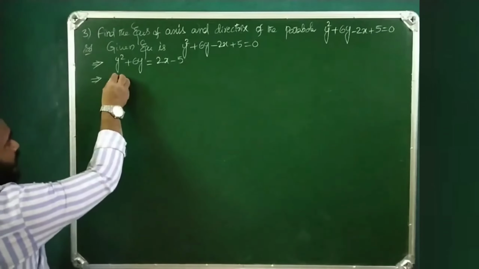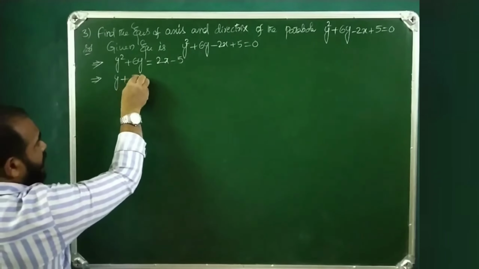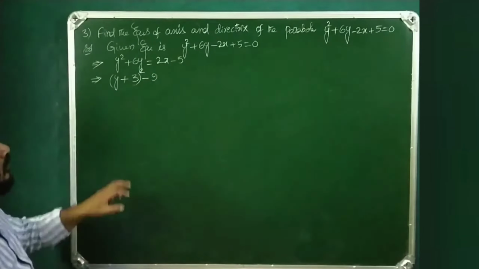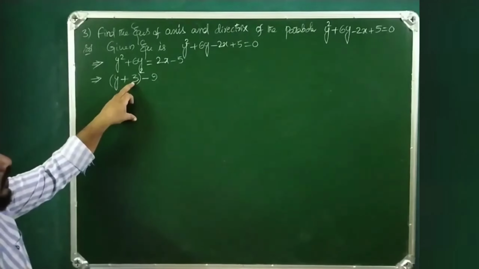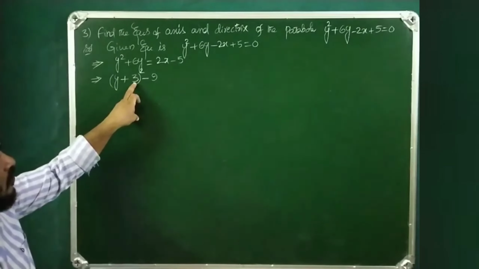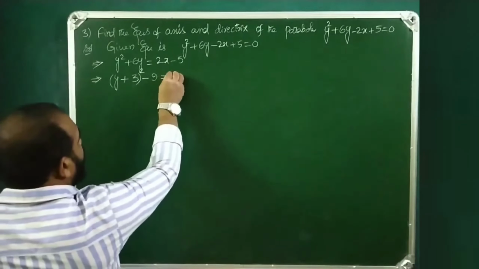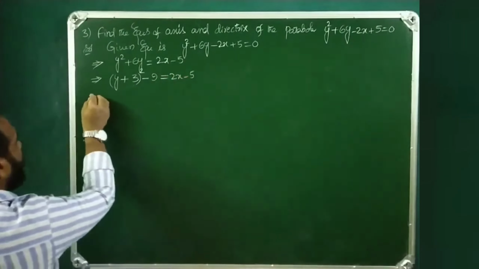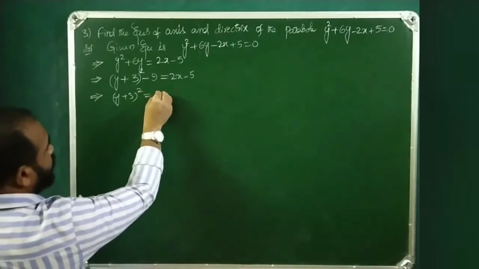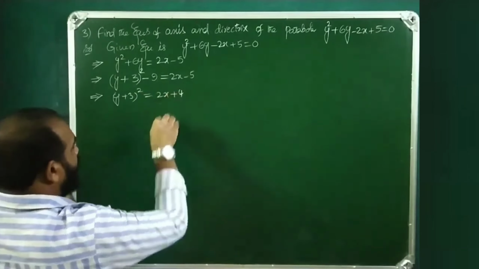Had it been minus, it would have been a minus b whole square. Okay. Now, this is y plus, the coefficient of y is 6, its half is 3. Complete the square, minus 3 square, 9. So, y square plus 3 square plus 2 3s are 6y. The 9s get cancelled, and this is equal to 2x minus 5. So y plus 3 whole square is equal to 2x minus 5 plus 9, which is 2x plus 4.